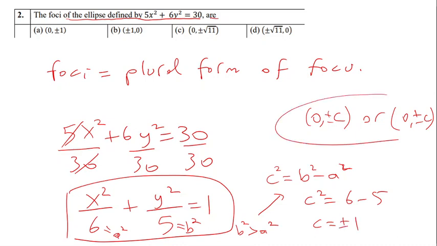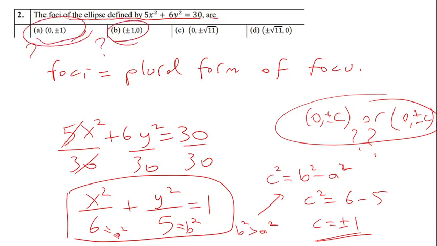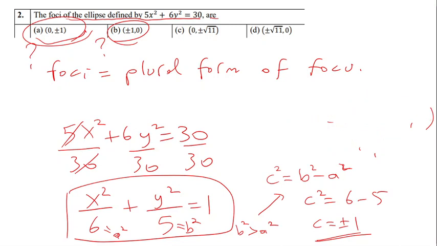Now it comes to this question: which one? We know c will be plus or minus 1, so definitely it will be this one or this one. Which one? Here the important thing is you have to pay attention to which one is bigger. So this one is bigger.